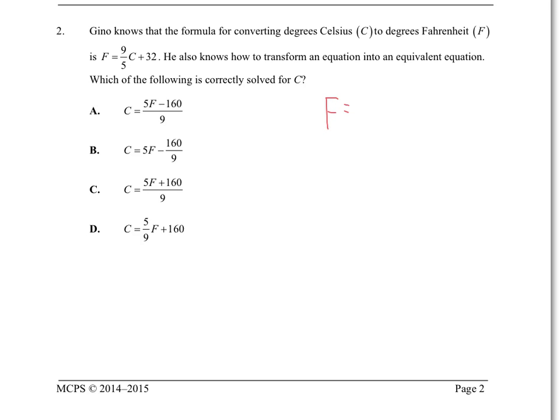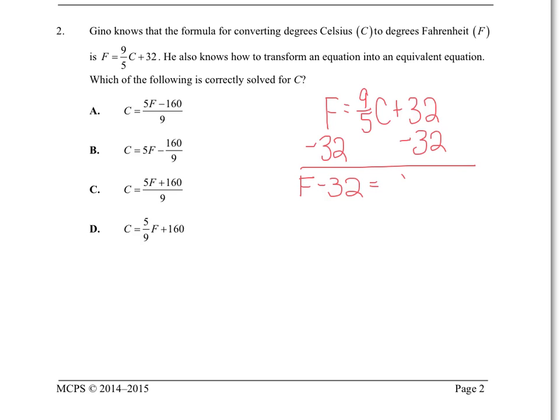Well, if we have F equals 9/5 C plus 32, we want to solve for C. We want to get this by itself, which means we need to get rid of 32 first. So for adding 32, to get rid of that, we're going to subtract 32. F and 32 are not like terms, so we're just going to have F minus 32 equals 9/5 C.